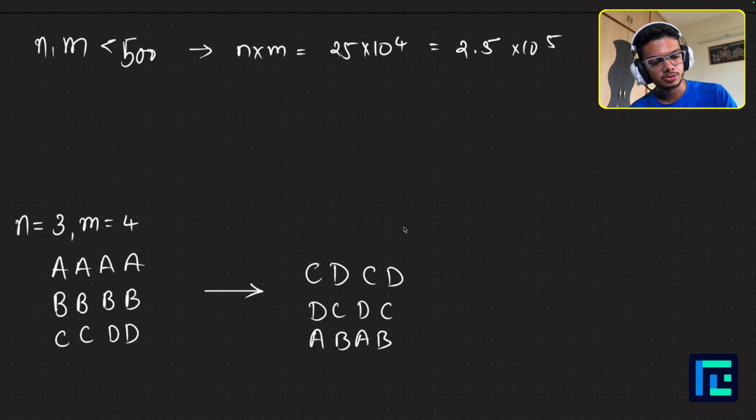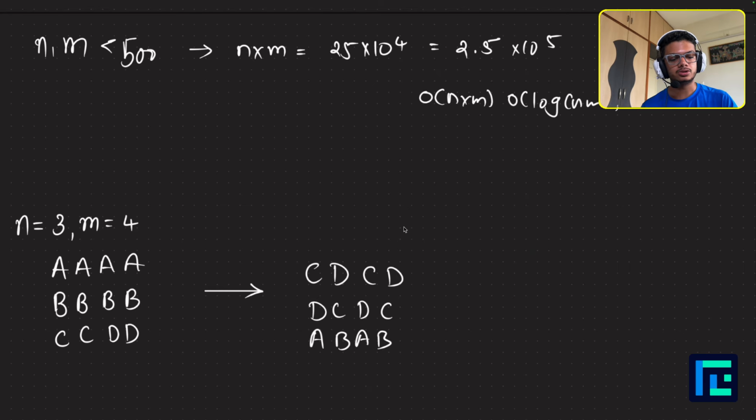That says you can come up with an order of n into m solution. That is, you can revisit the grid once, or you can also have some logarithmic factor here, like n into m into log of nm. This is a good bound on the time complexity.